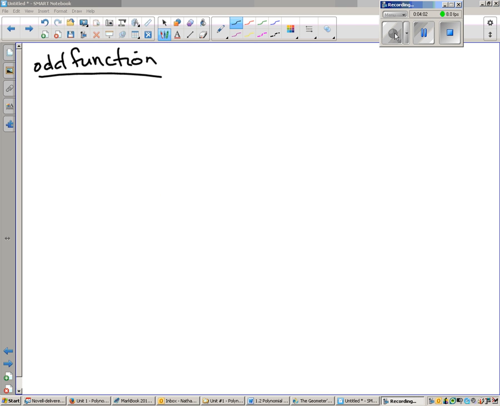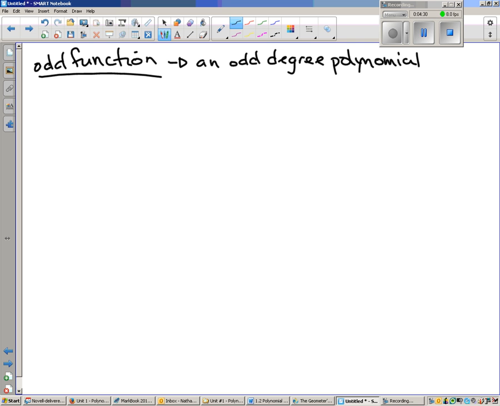So if we define an even function as a polynomial where every term has an even exponent, similarly, we're looking for an odd degree polynomial function for an odd function, where the exponent in each term is odd.